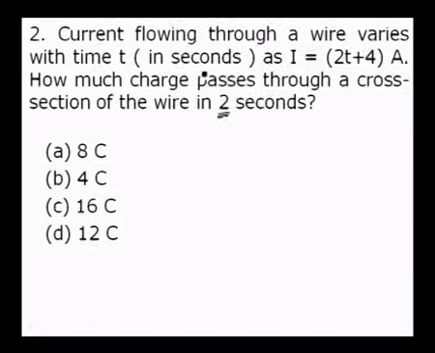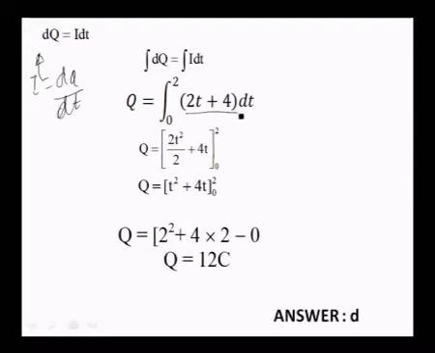The I value given in the problem, that is I is equal to 2t plus 4, I am substituting, that is equal to integral of (2t plus 4) dt. Now, integration of 2t is 2t square divided by 2, and integration of 4 is 4t, upper limit is 2, lower limit is 0.